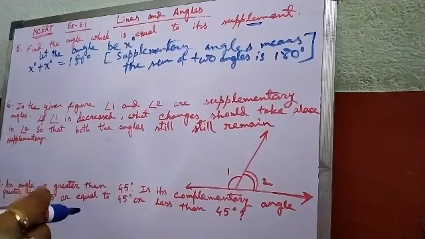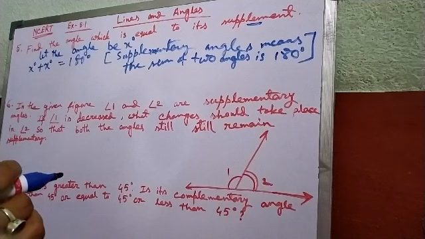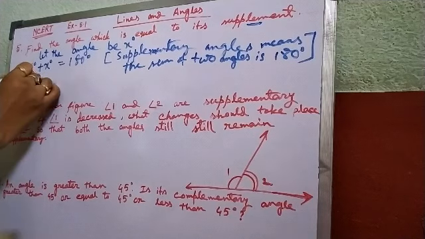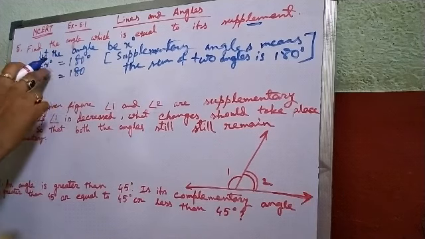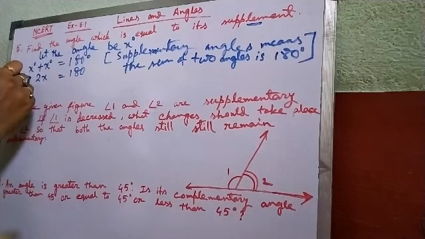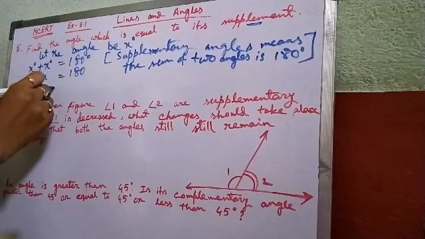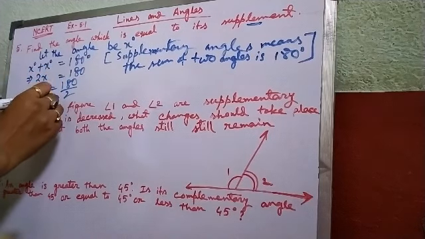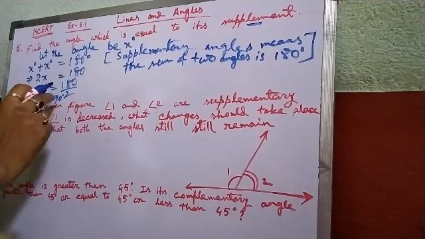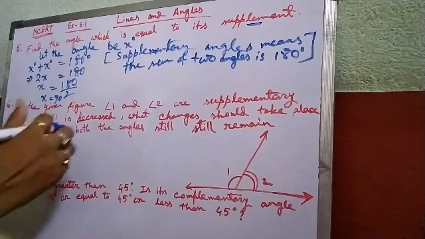That reason you must write. So here 2x degrees equal to 180 degrees. Then x equals 180 by 2, that means 90 degrees.